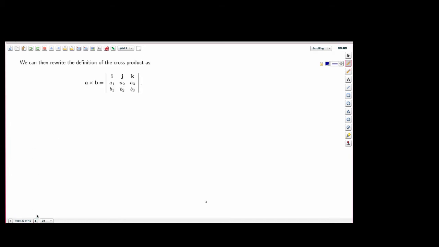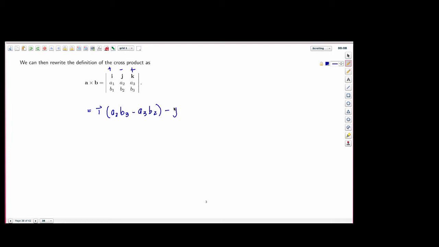Now to do the cross product, you put I, J, K in your top row, vector A in your second row, vector B in your third row, and then we just do this determinant. Remember, it's plus, minus, plus. So you get I times the determinant of what you would get if you cross out I's row and I's column, so that would be A2 B3 minus A3 B2.